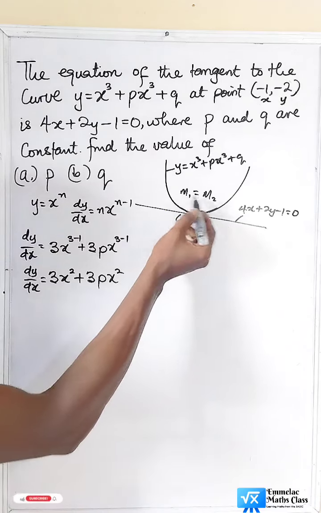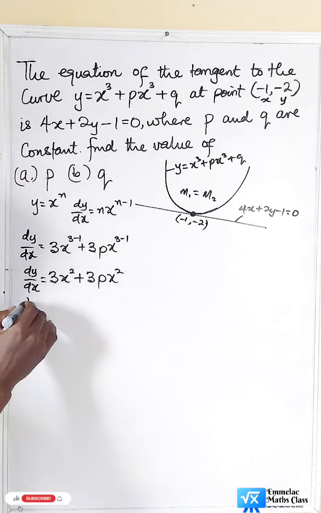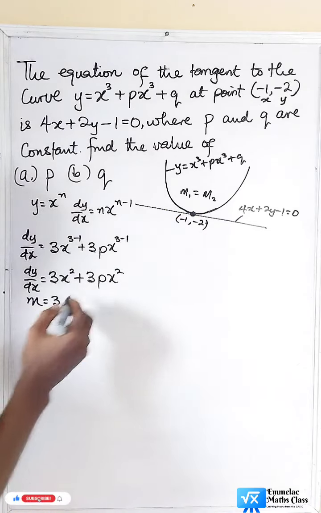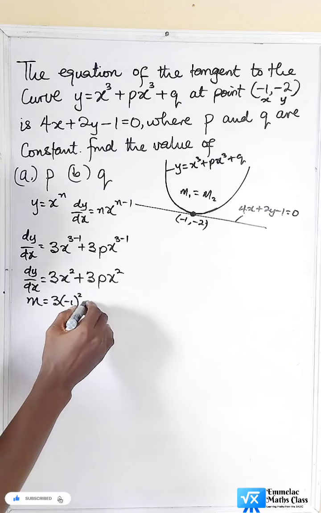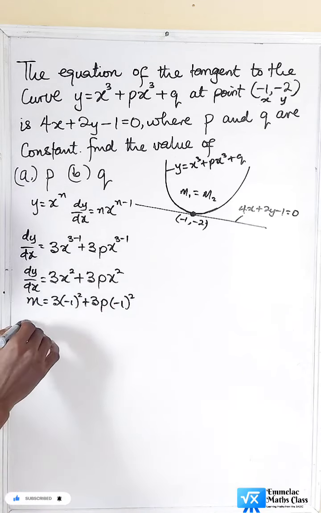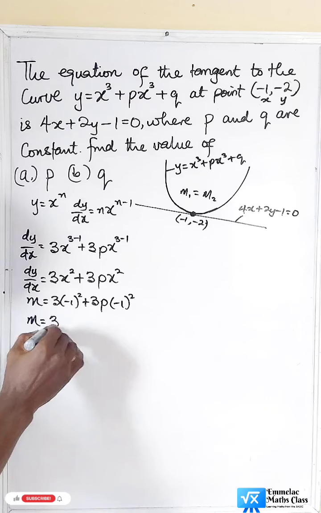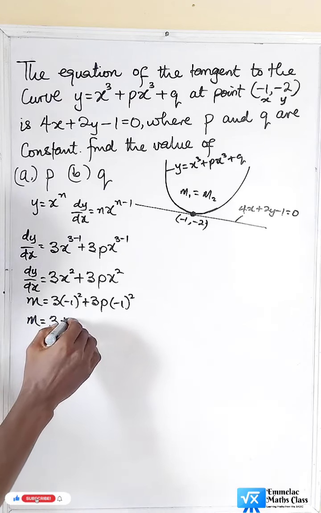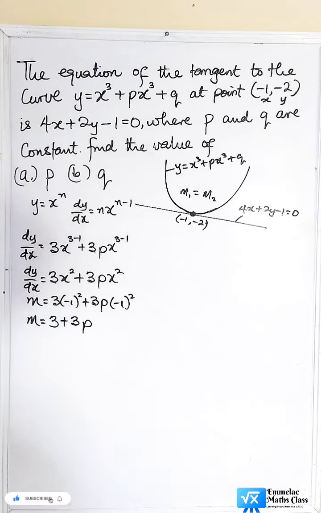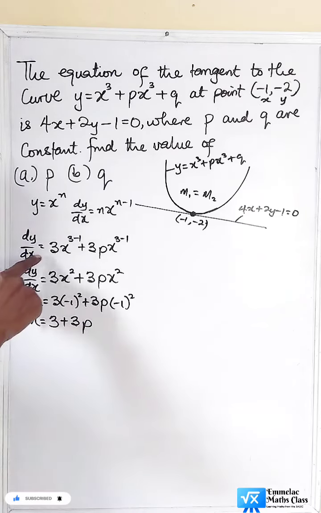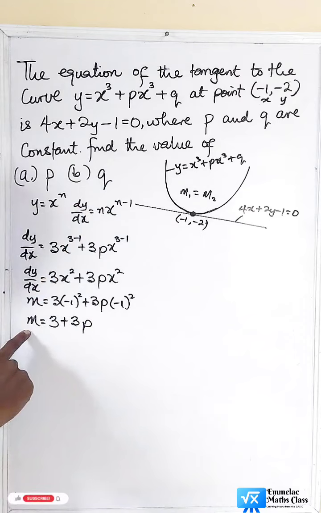Since m1 equals m2, m equals 3 times -1 raised to the power of 2 plus 3p times -1 raised to the power of 2. So m equals 3, because -1 raised to the power of 2 is 1, plus 3p. As I said earlier, the gradient of the curve is also the same as the gradient of the tangent.